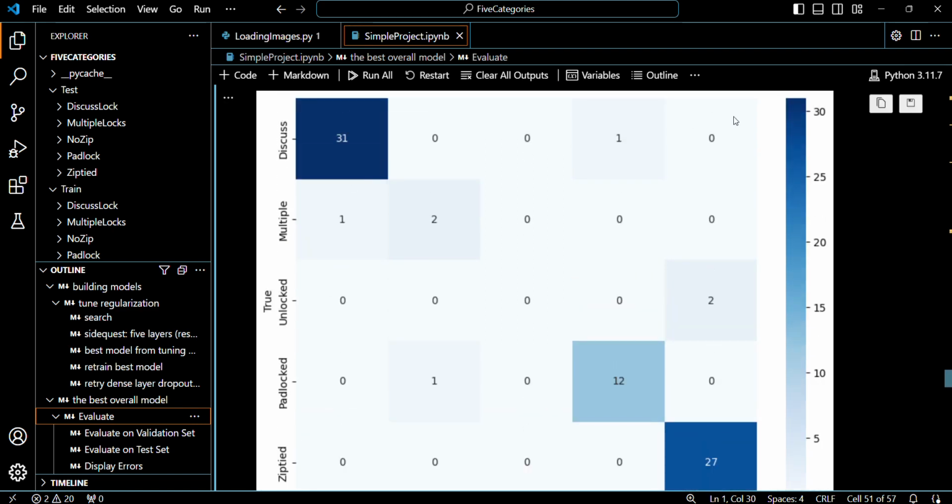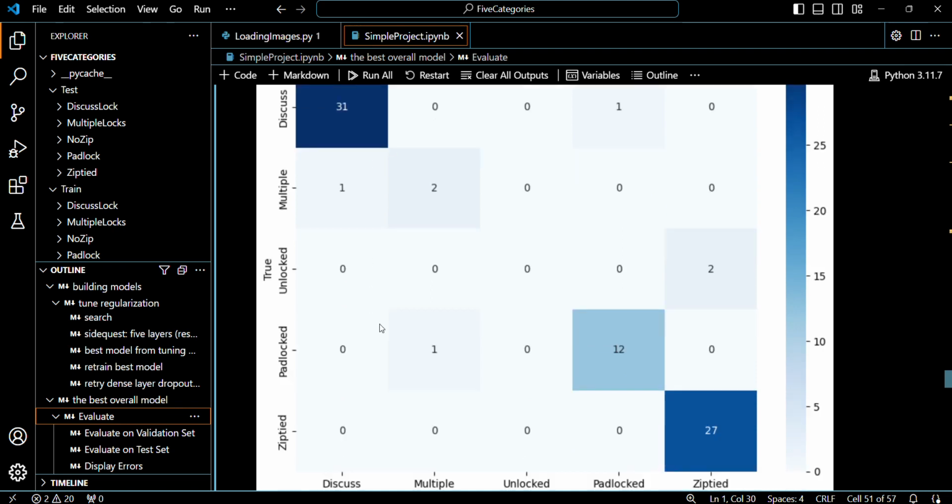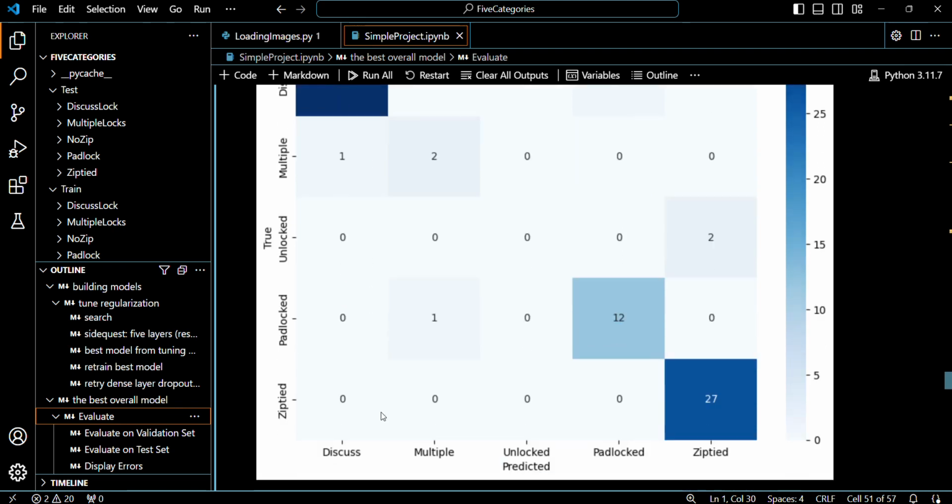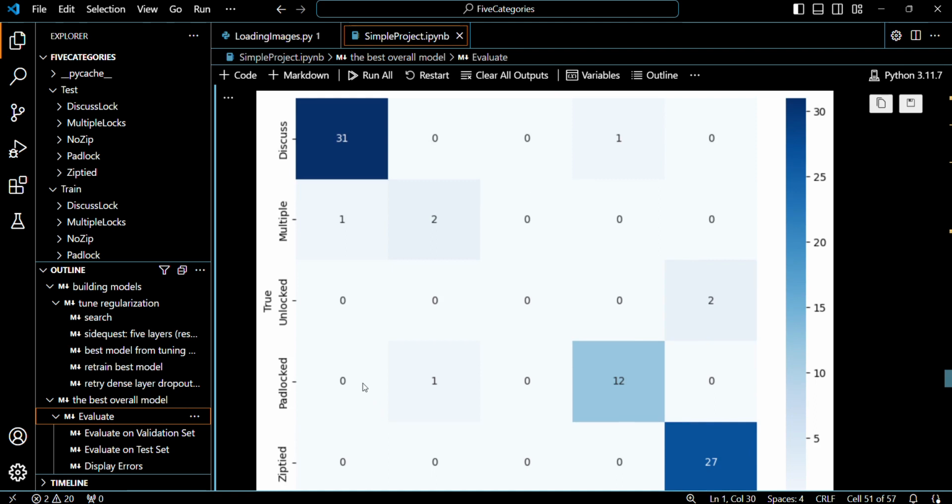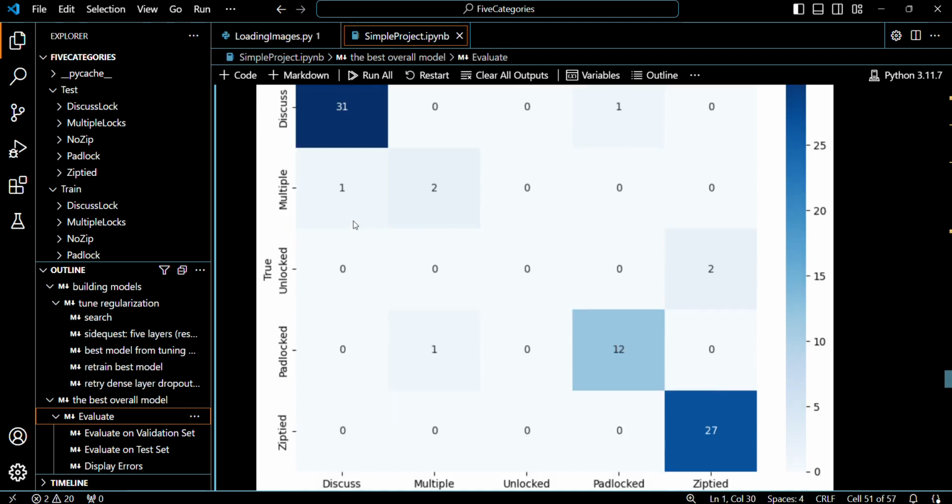In fact, in both axes, for true discus lock images, it recognized 31 out of 32, and 31 out of 32 images that it thought were discus locks actually were. For latches with multiple locks, 2 out of 3, not as good, but 2 out of 3 is as good as it can be without being perfect.